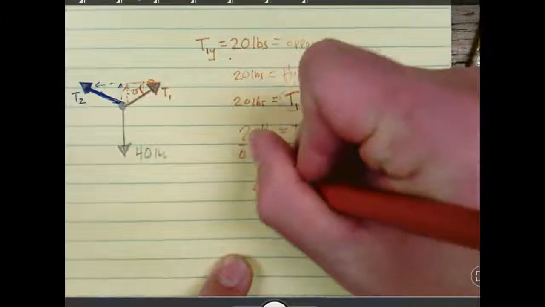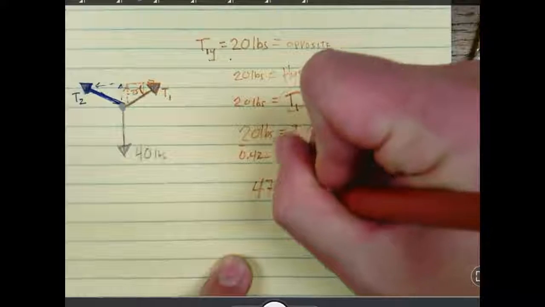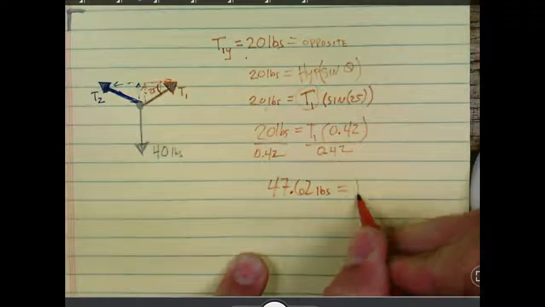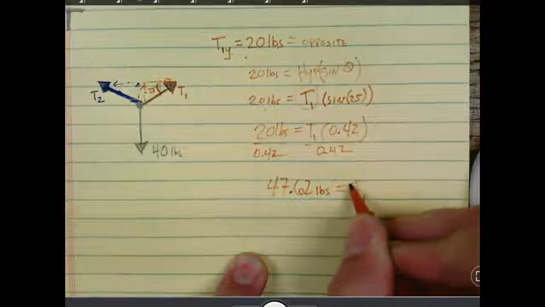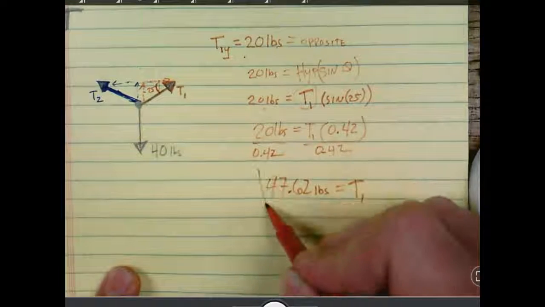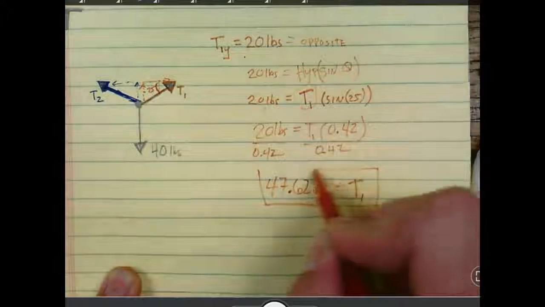So 47.62 pounds equals T1. And so there we've solved for the tension in one of the cables.